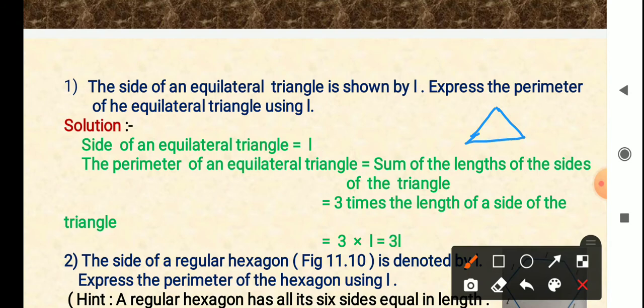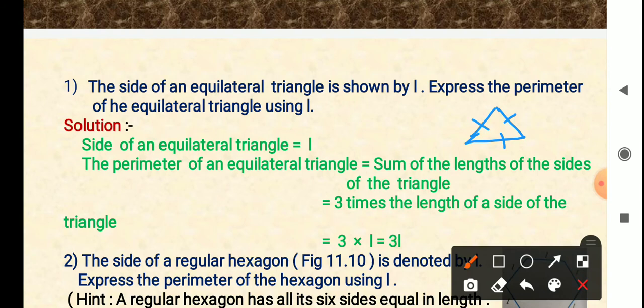Now, perimeter means what? Perimeter is the sum of the lengths of its sides. See students, the perimeter of any polygon is the sum of the lengths of its sides. And we know that an equilateral triangle has three sides and they are equal in length. Equilateral triangle has how many sides?